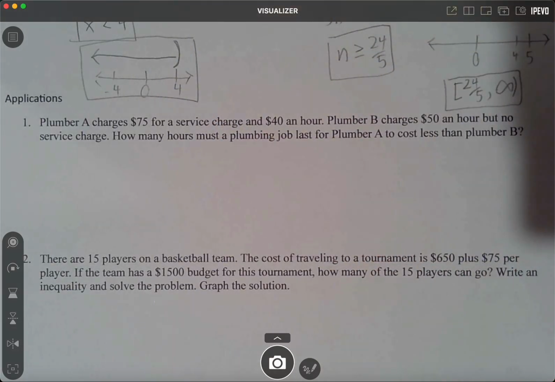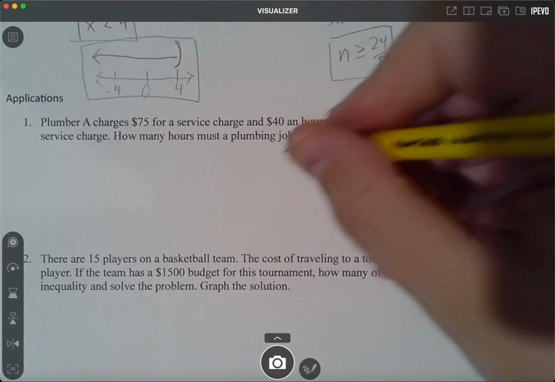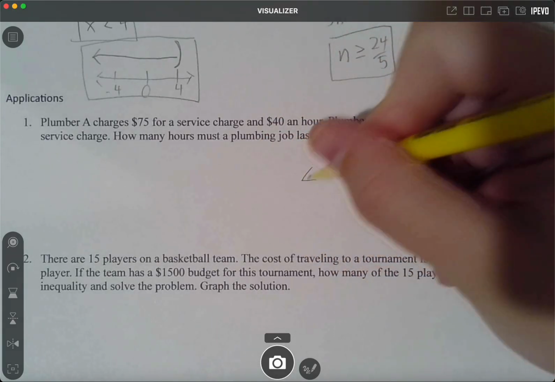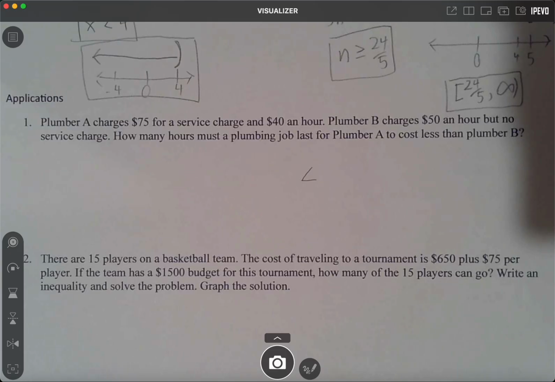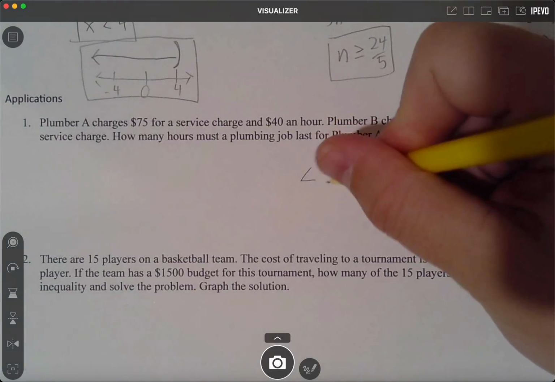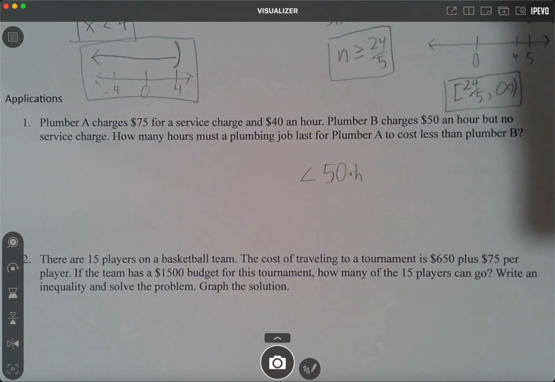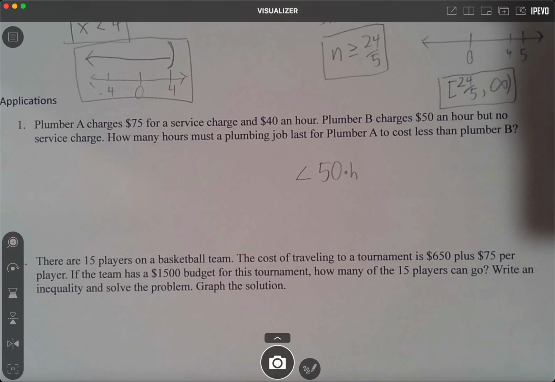When does that happen? Well, let's create some equations. We want plumber A to cost less than B. So that's what we're looking for. And plumber B is pretty easy. Plumber B just charges $50 per hour. Per means multiply, or 50 an hour.